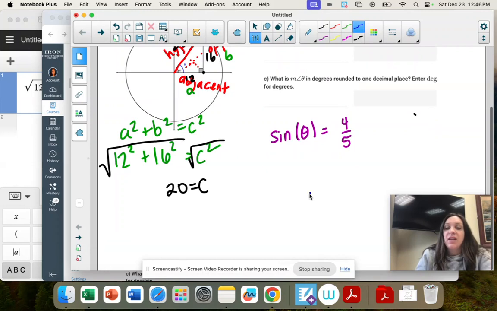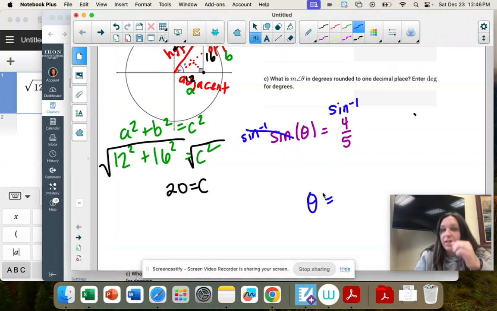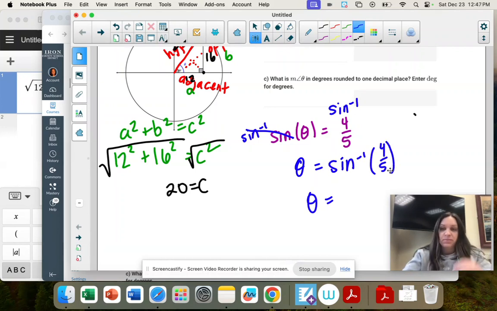Well, we want to get theta by itself. That's the angle. So in order to get rid of sine, we take sine inverse of both sides. So sine and sine inverse are opposites. We're just left with theta. So sine inverse of 4/5 will give us theta.